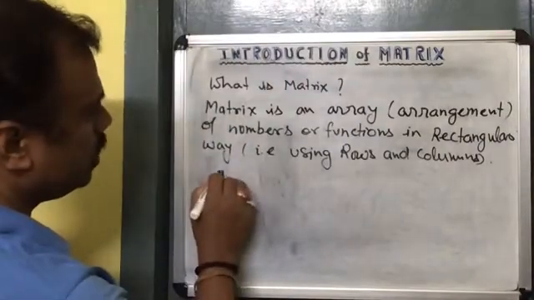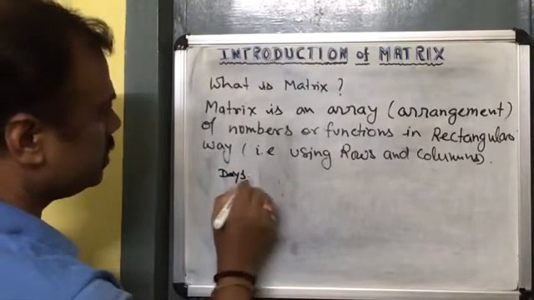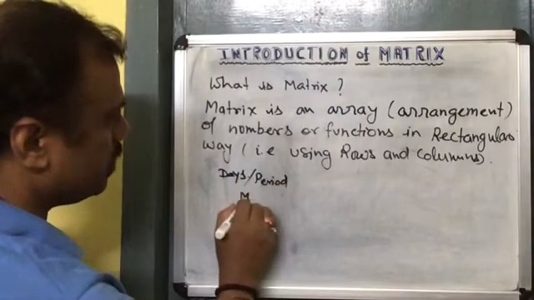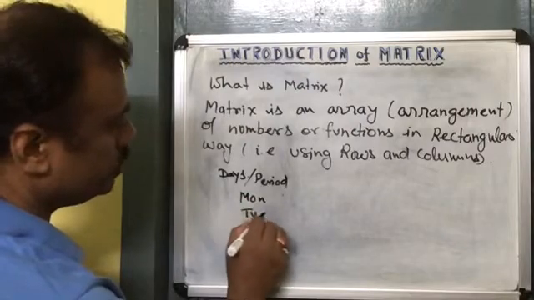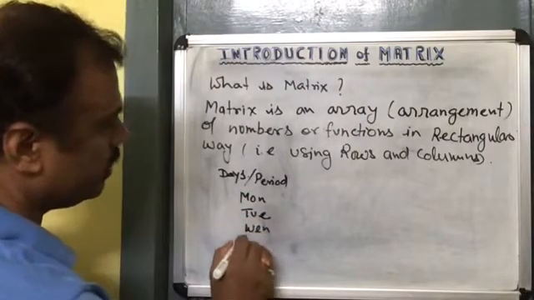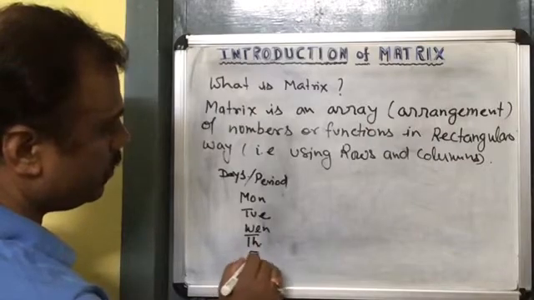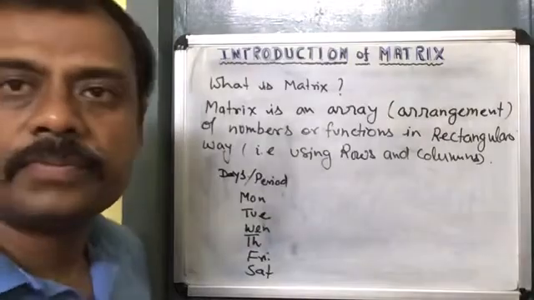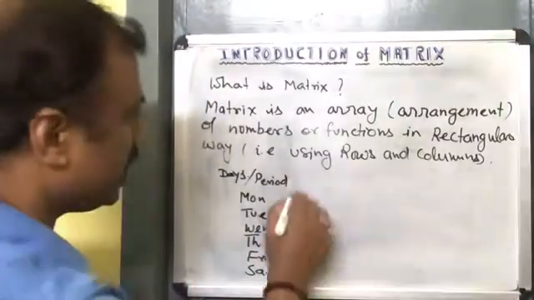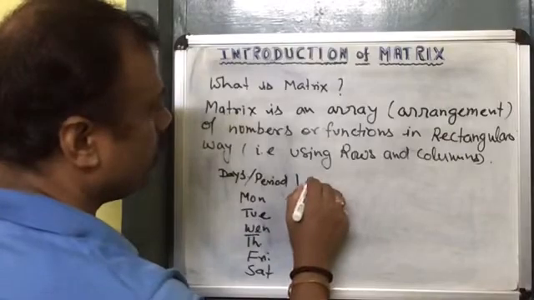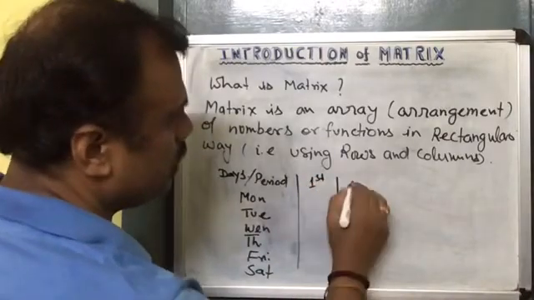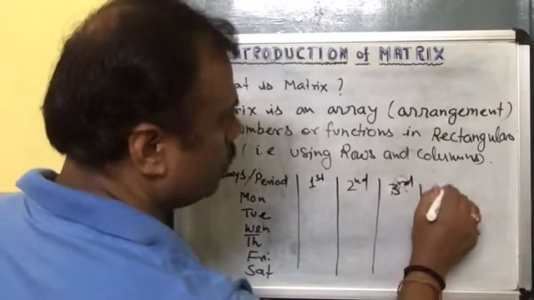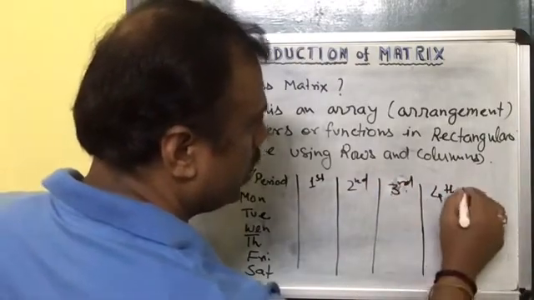Suppose that in this, days and periods: days are Monday, Tuesday, Wednesday, Thursday, Friday, and Saturday. These are 7 days. And let us have periods: first period, then second period, third period, fourth period, and fifth period.